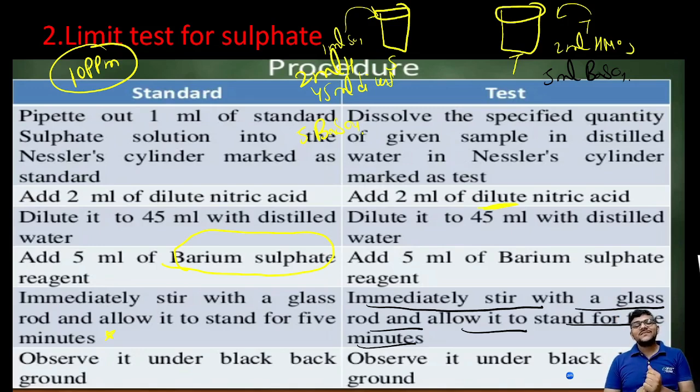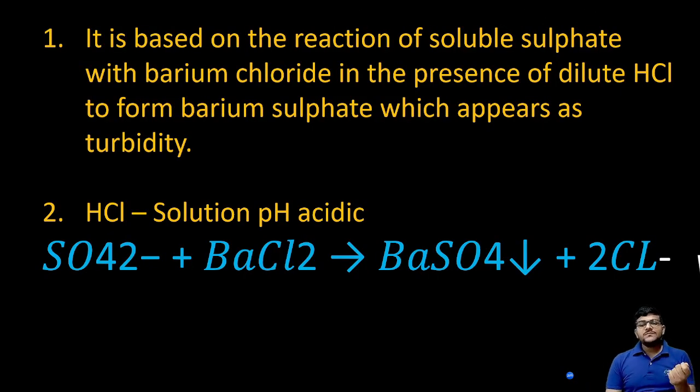Now after that what we have to do? We have to observe it under black background, as we did in the case of our chloride limit test. So same, what is the reaction of the limit test, how will the reaction proceed? The limit test of sulphate is based on the reaction of soluble sulphate with barium chloride in the presence of dilute HCl, or we can say dilute HNO3.